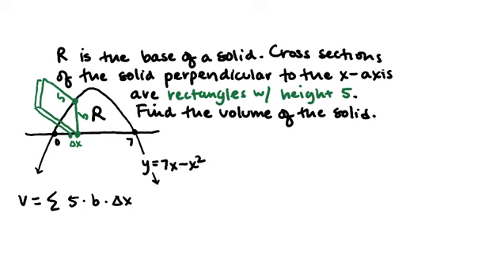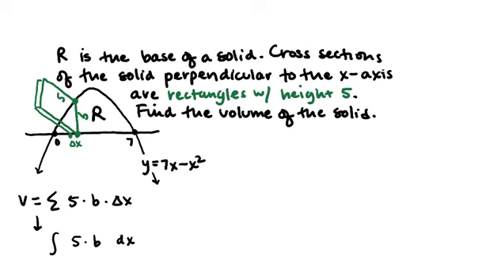And just like when we were doing volumes with disks and washers, where we were looking for radii, right now we're going to be looking to express the base in terms of x, because we're moving along the x-axis. And as the number of little pieces of volume goes towards infinity and delta x goes towards 0, this is going to become an integral of 5 times the base dx.